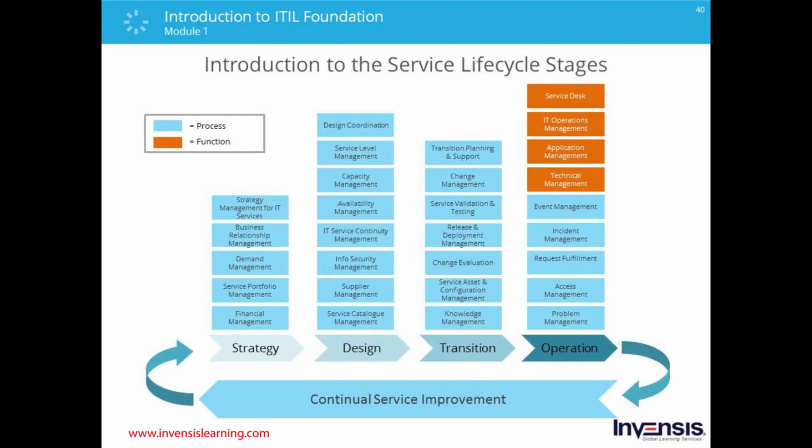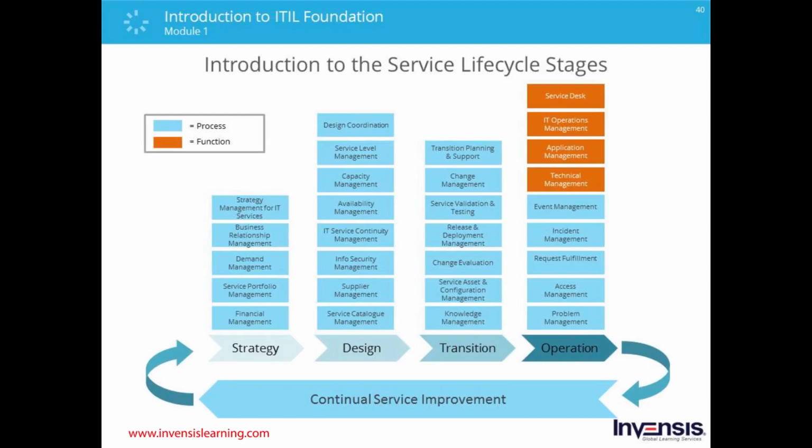Design has got a lot of things here. Overall coordination of the design. One second. Since we are talking this, if you look at this, business relationship management, service portfolio management, financial management, then demand. In the design, we see service level management, right? This is where all the service levels are negotiated, documented, agreed, monitored, reported, everything happens. Periodic reviews also happen, not just document only.